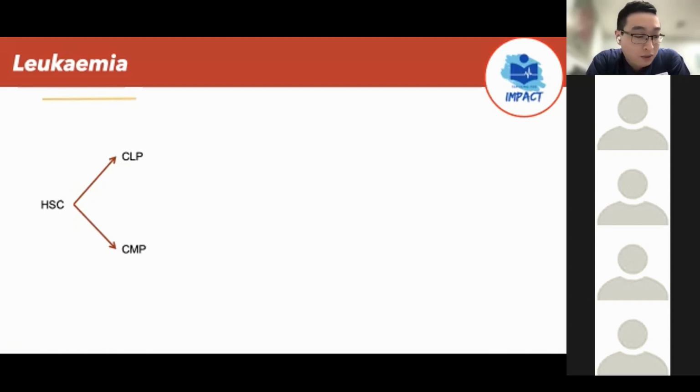What are the 3 types of lymphocytes? Yeah, cool. B cells, T cells, and natural killer cells are our 3 types of lymphocytes.